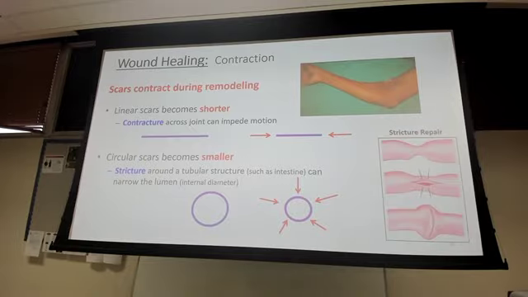So if you have a scar around your esophagus, when you try to eat you're going to feel like food's getting stuck, or you're not going to be able to swallow, depending on how severe it is. If you have a scar around your intestine, it's going to be hard to pass gas potentially, and hard to have a bowel movement. These are typically internal from some type of surgery, and when that happens, a surgeon's typically going to have to go back in there and revise that scar to open up that lumen so things can pass through.